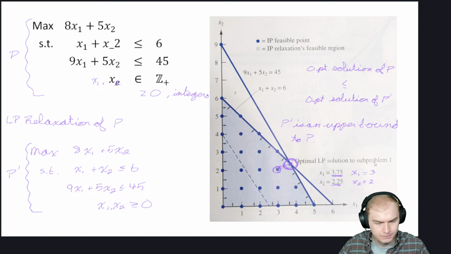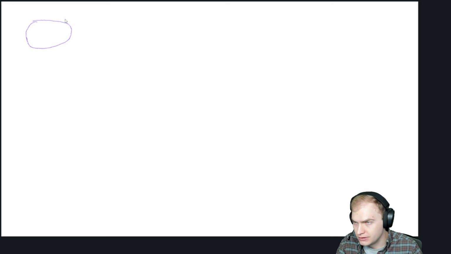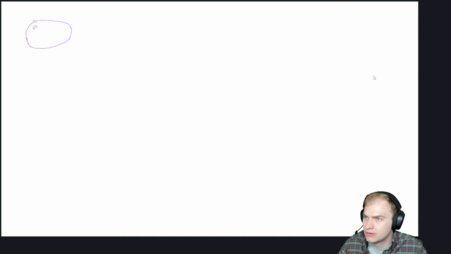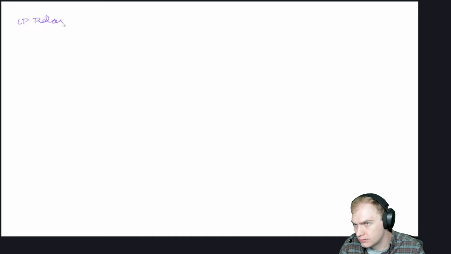So what we're going to do is we're going to start with that linear relaxation. That's probably not big enough to see. Let me increase the size of this. LP relaxation. So Z, our objective, is 41.25.